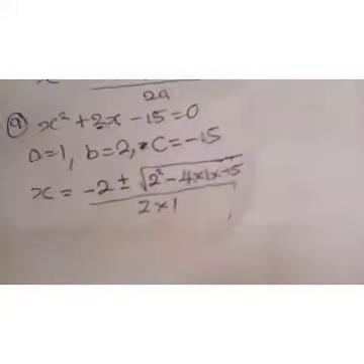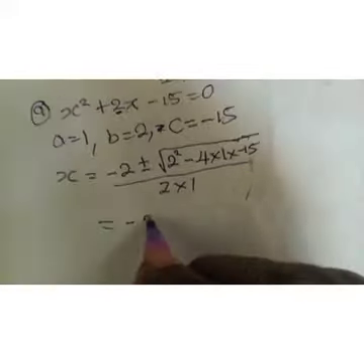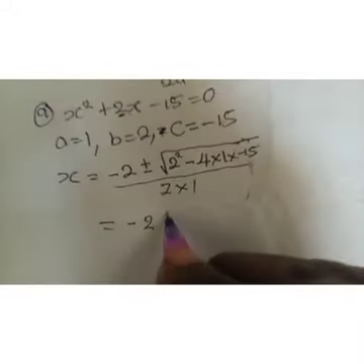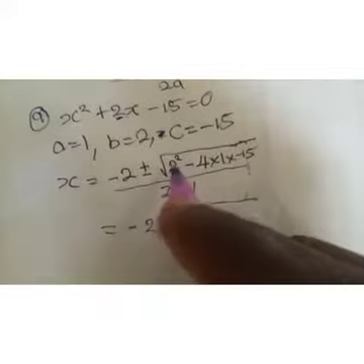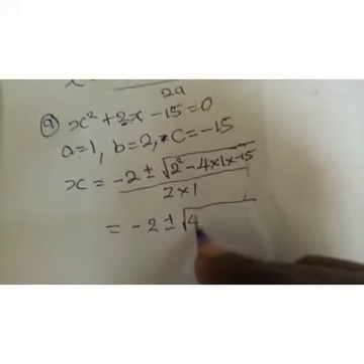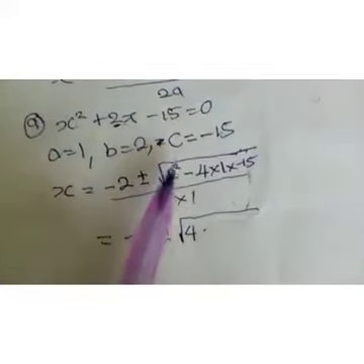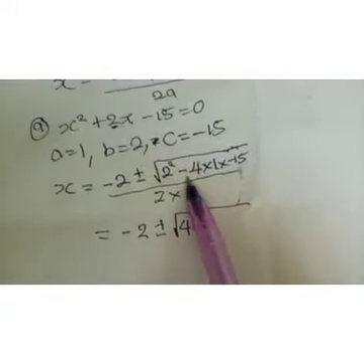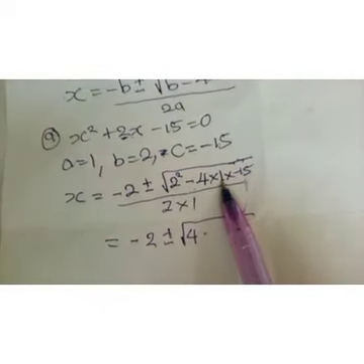Here now it will be equal to negative 2 plus or minus the square root of 2 squared, which is 4. Now we have negative 4 times 1, which gives negative 4.